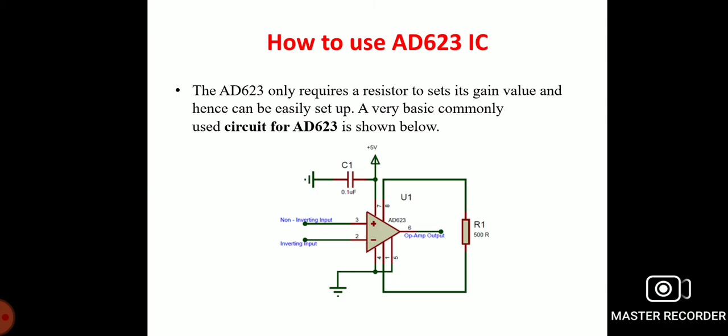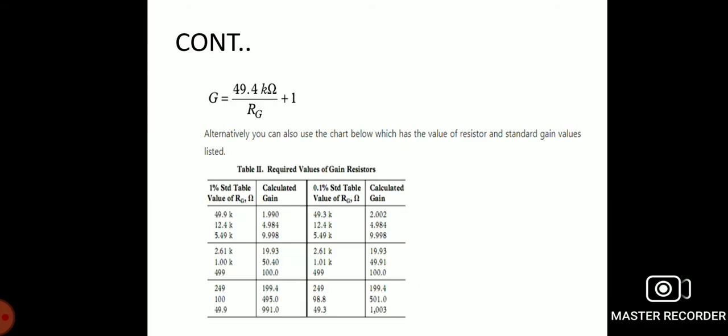Alternatively, you can also use the chart below in which the values of resistance and standard gain values are listed. We can see the chart below, the table of required value of gain resistor.